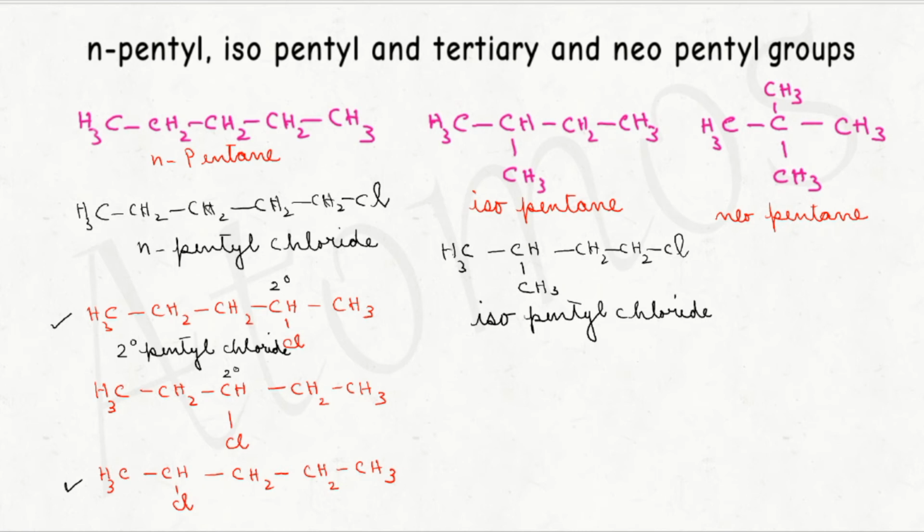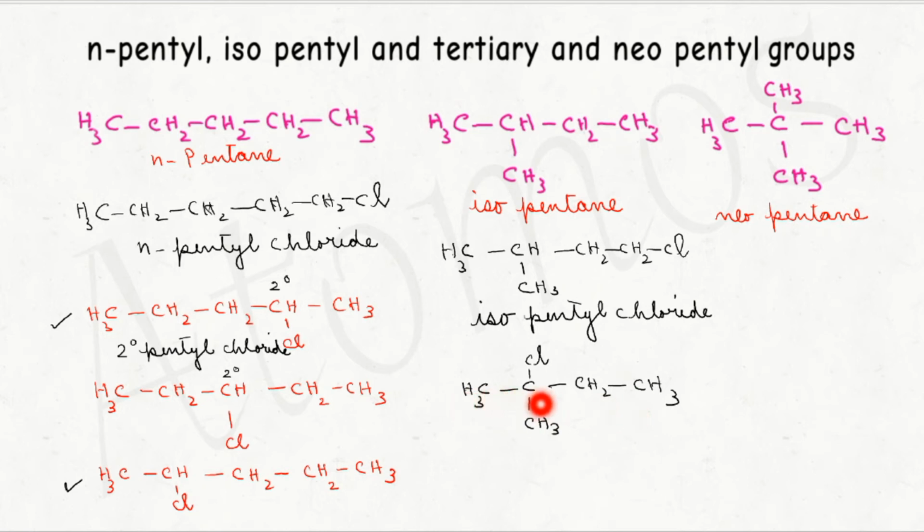Now, think about one more possibility. See, replacing this hydrogen, we are attaching a substituent. Then what will happen? Write and see. This is the compound. What will be the common name? That time itself we will be looking at this isomer.